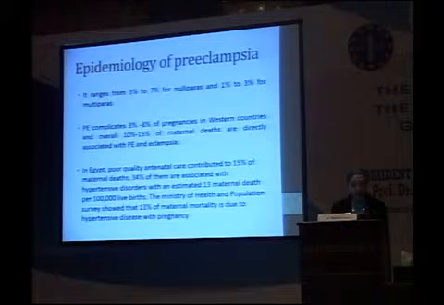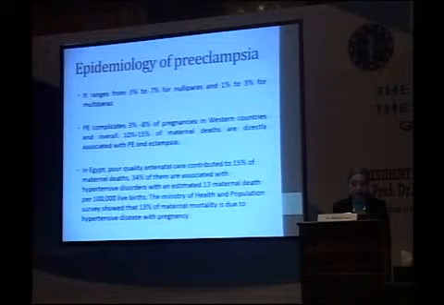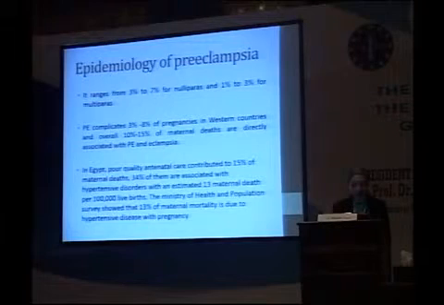In Egypt, poor quality antenatal care contributed to 15% of maternal deaths. 34% of them are associated with hypertensive disorders, with an estimated 13 maternal deaths per 100,000 live births. The Ministry of Health and Population survey showed that 13% of maternal mortality is due to hypertensive disease with pregnancy.